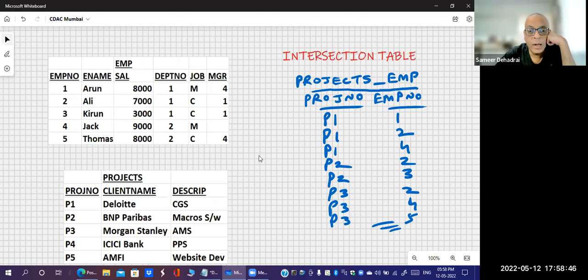That's right, Ganesh. You'll have to create a separate table. In that table, I'll store project number and employee number.